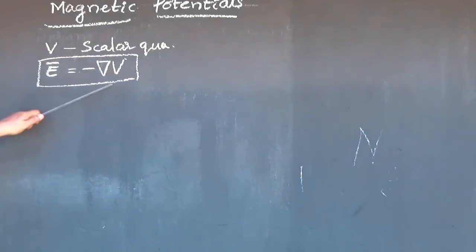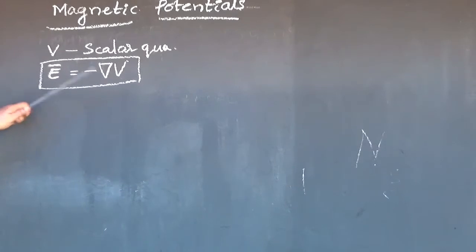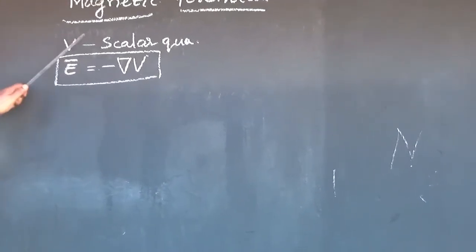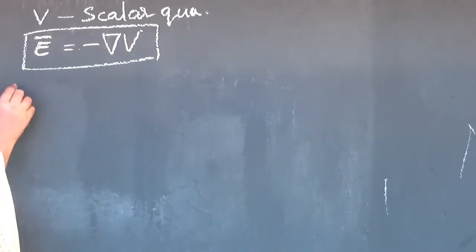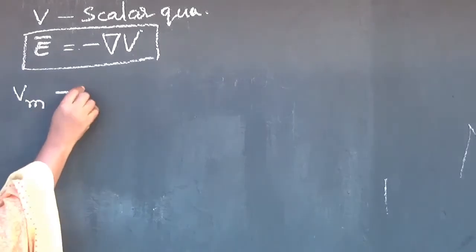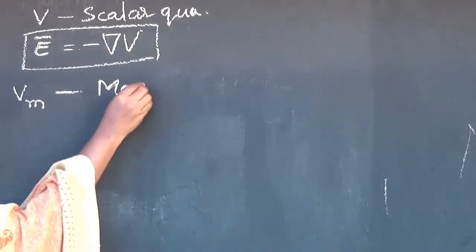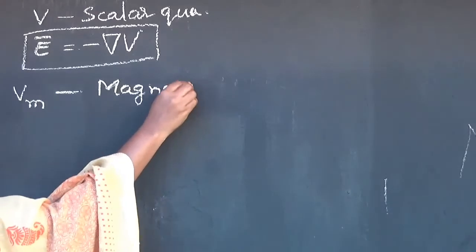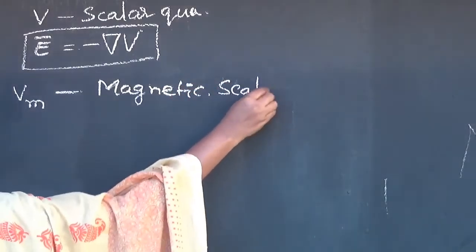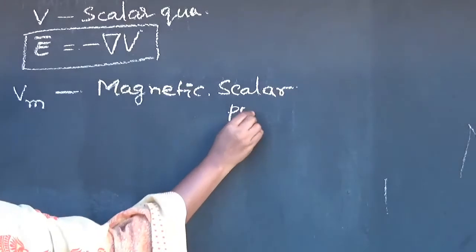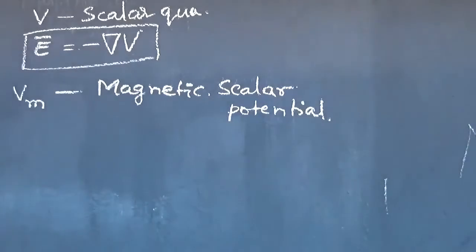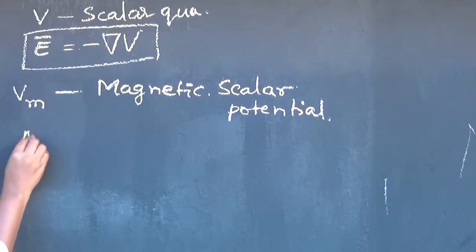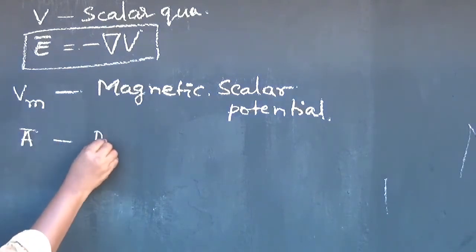Analogous to this, we will have a potential which is called the magnetic scalar potential, denoted as Vm. In addition to this, we will have another magnetic potential, which is called the magnetic vector potential, A bar.